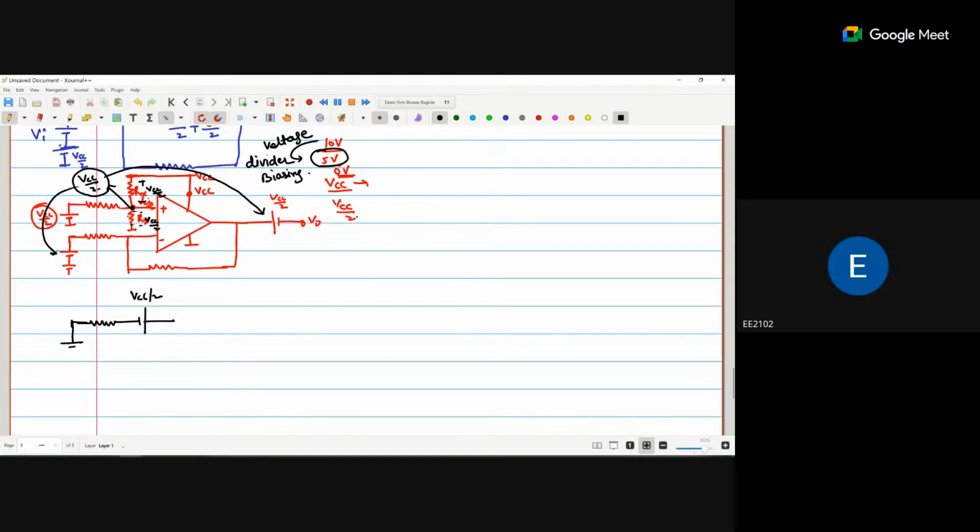If I connect a V in here, that is a positive terminal, negative terminal. Again, a battery, VCC by 2.